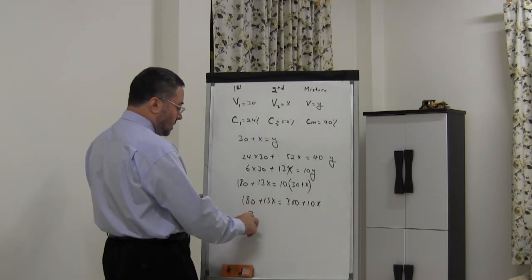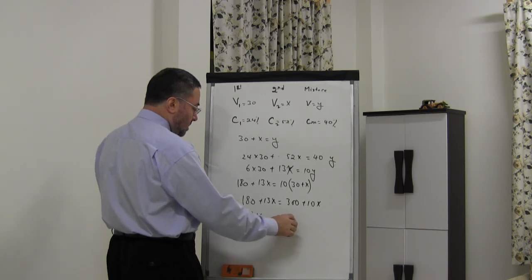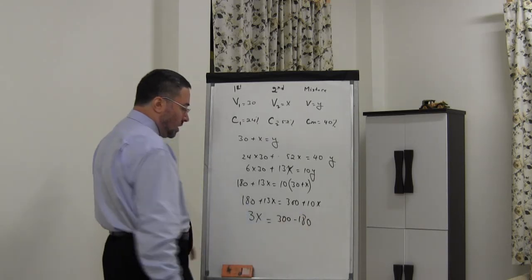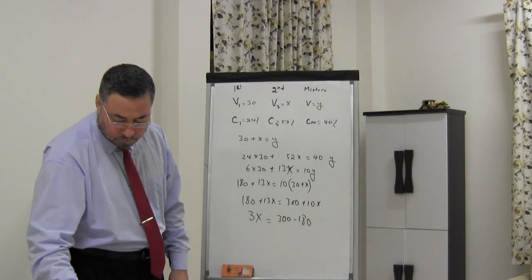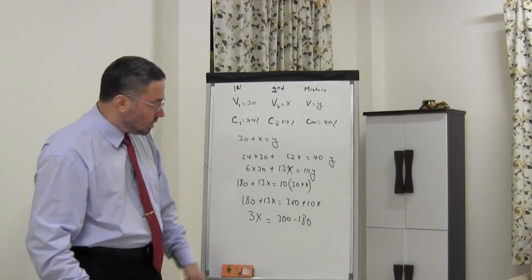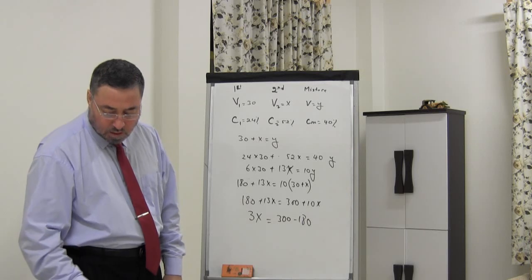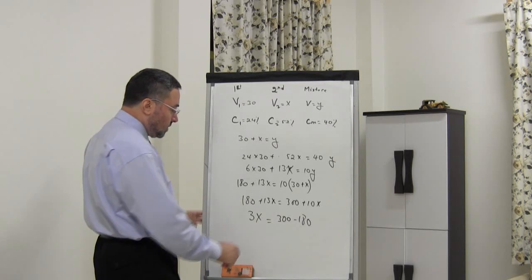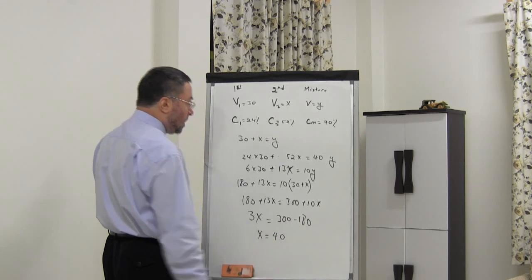Bringing this here will give us a net of 3x and 300 minus 180. We'll do the math: 300 minus 180 is 120, divided by 3, and that gives us 40. So x equals 40 quarts.